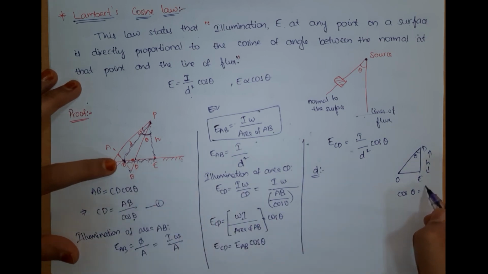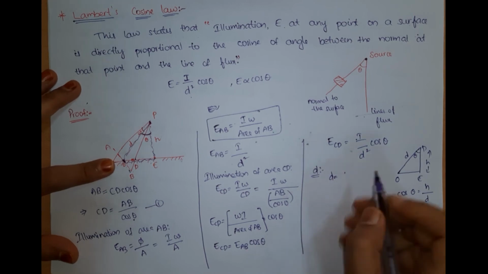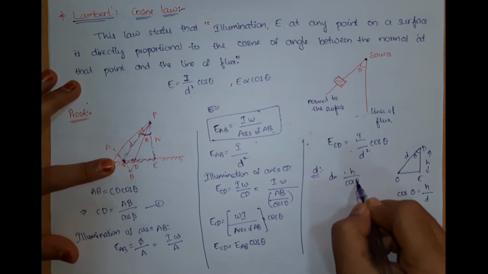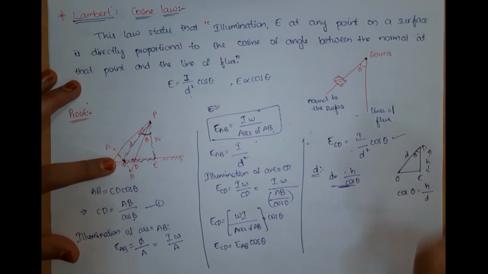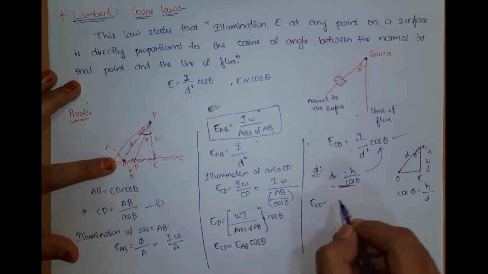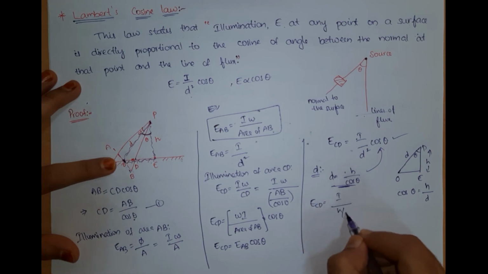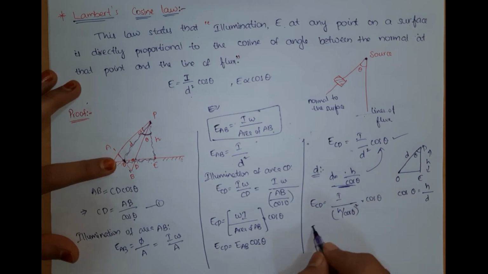So cos theta is equal to H by D. So I can write D is equal to H by cos theta. So if you substitute this D in the previous equation, I will get ECD is equal to I by H by cos theta whole square into cos theta, which gives ECD is equal to I by H square cos cube theta.